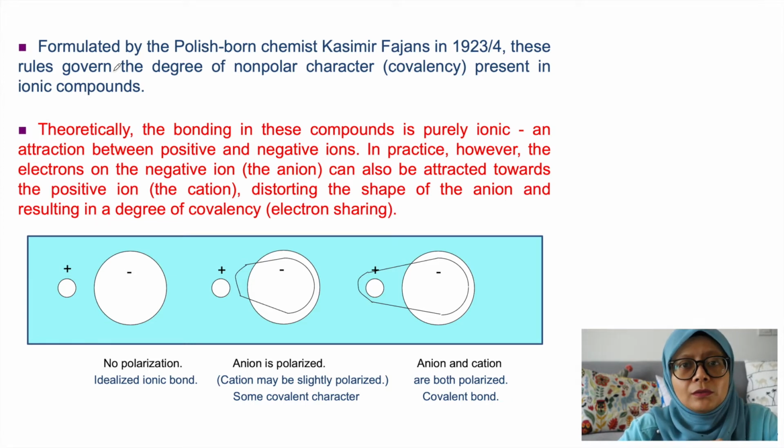So we want to be able to predict whether the compound is ionic or polar. The theory for these rules is that the bonding in these compounds is purely ionic, so what happens here is an attraction between positive and negative ions.